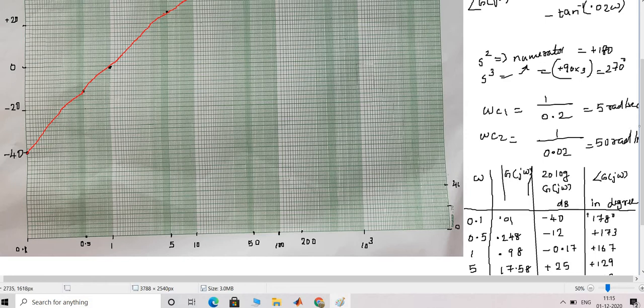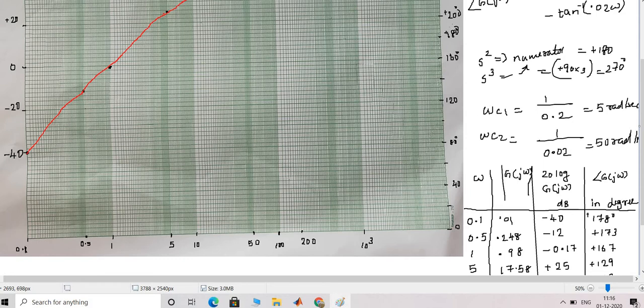This is 40 degree, this is 80 degree, 120 degree, 160 degree, this is plus 200 degree, and this will be corresponding to plus 180 degree.